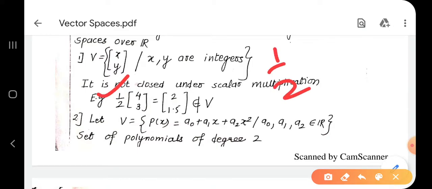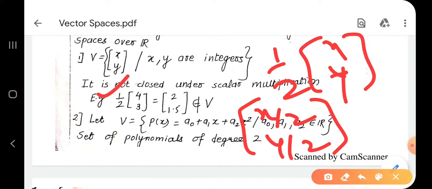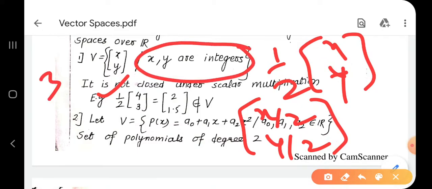So alpha is 1/2 and I have a vector. So 1/2 into (x, y) means I get x by 2, y by 2. Now x and y are integers, so I can take any integers. I take x equal to 3, y equal to 5. Then I get 3 by 2 and 5 by 2.